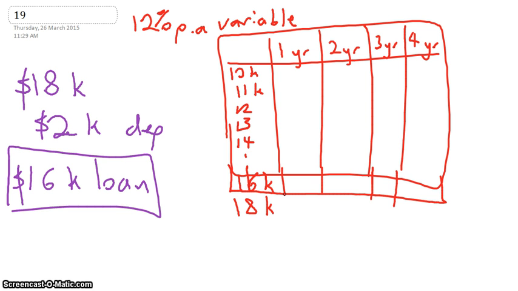Okay? So if he's borrowed 16 grand and the question asks how much he's going to pay for it altogether if he borrows the additional money and repays it over, let's say, 4 years. So this will tell you how much per month he will pay.